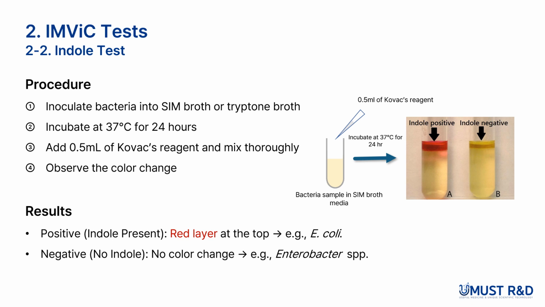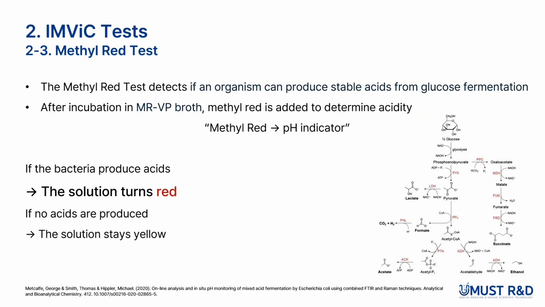The methyl red test is used to determine whether bacteria perform mixed acid fermentation of glucose. It differentiates between E. coli and Enterobacter spp within the Enterobacteriaceae family.